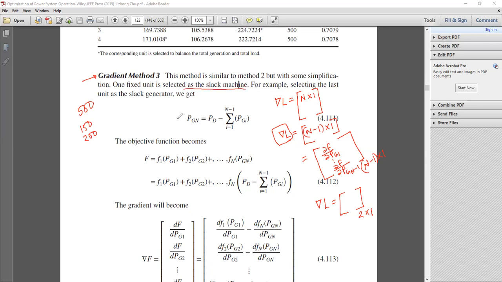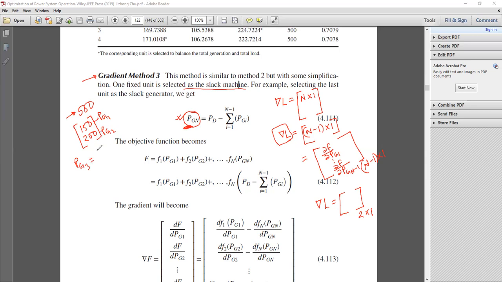Okay, let's go through the little theory that is available here. So for n number of generating units, let's say your first 2 units are generating a total of 350, and you also know the demand, you can easily calculate PG3, isn't it? This is PG1, this is PG2.